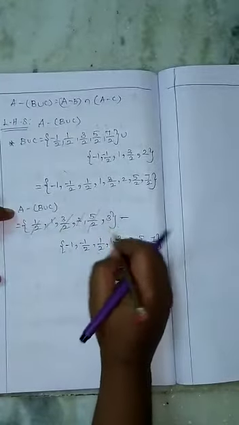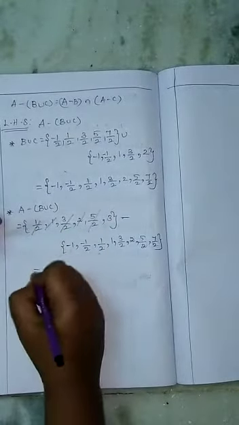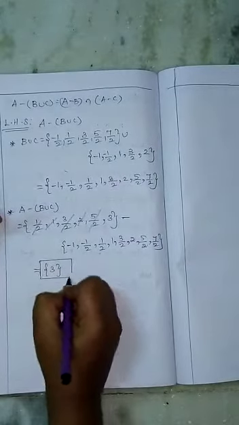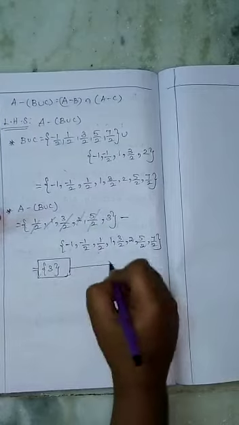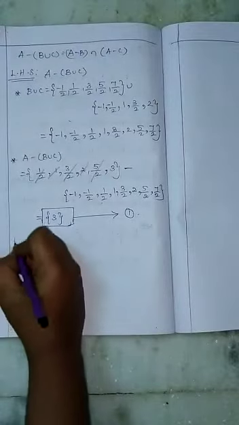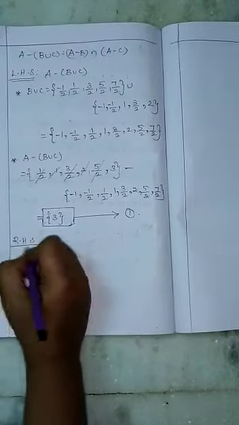What is the remaining element? 3. So write that. This is the answer. For the LHS, only 3. This is the first equation.